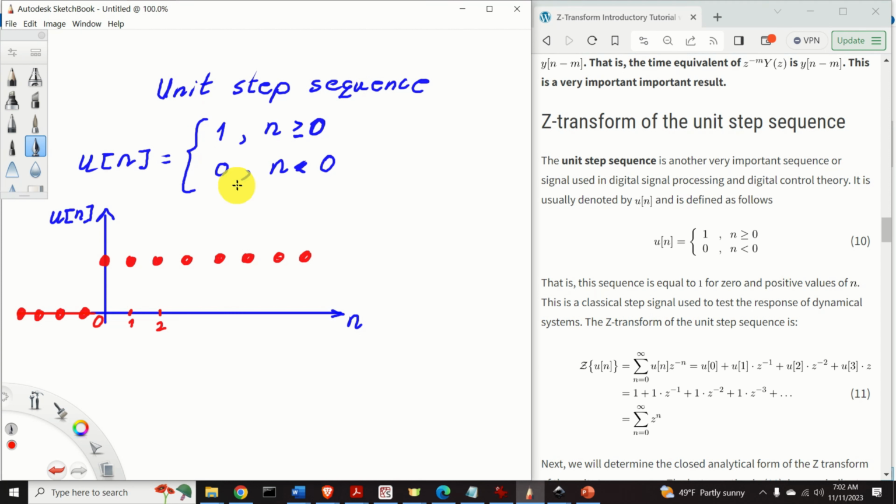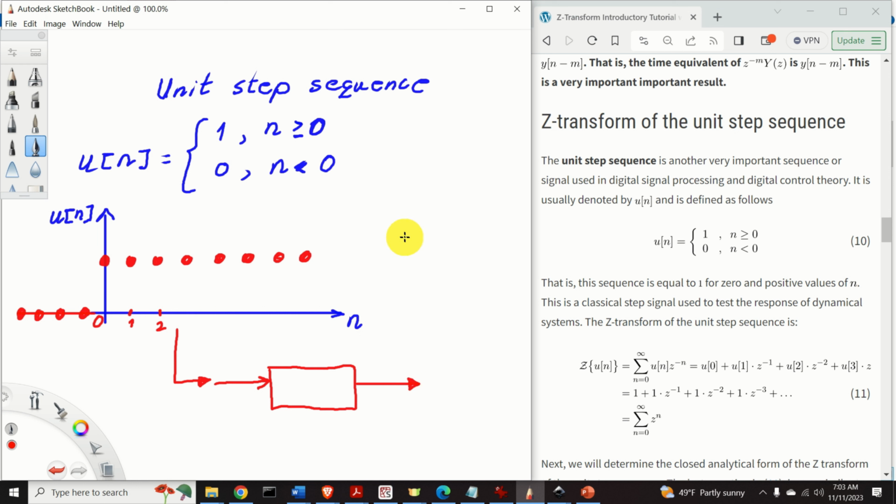This sequence is very important in control engineering and digital signal processing since it's used to determine the step response of the system. That is, the first time we encounter a system, we need to compute or to determine its step response. To determine the step response, we'll take our system, represented by this box over here, to its input we will insert the unit step sequence, and we will observe the output.